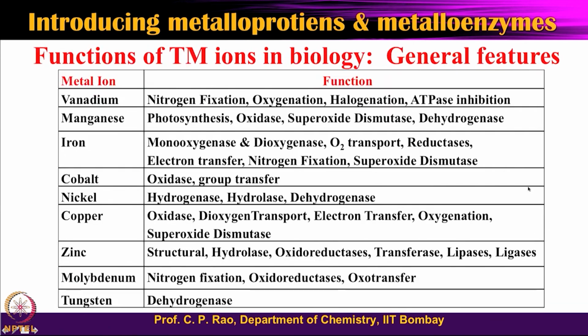What we have already seen earlier is that the transition metals like vanadium, manganese, iron, cobalt, nickel, copper, zinc, molybdenum can do oxidoreductase properties, some of them can do electron transfer properties, some hydrolase properties, some lyase properties, some ligase properties.